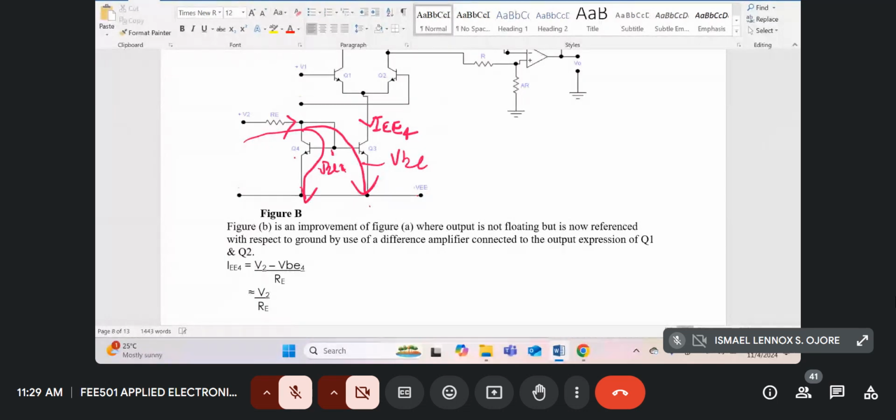The current through the resistance RE is just given by that: V2 minus VBE4 or VBE3, doesn't matter, or VB3, all over RE.